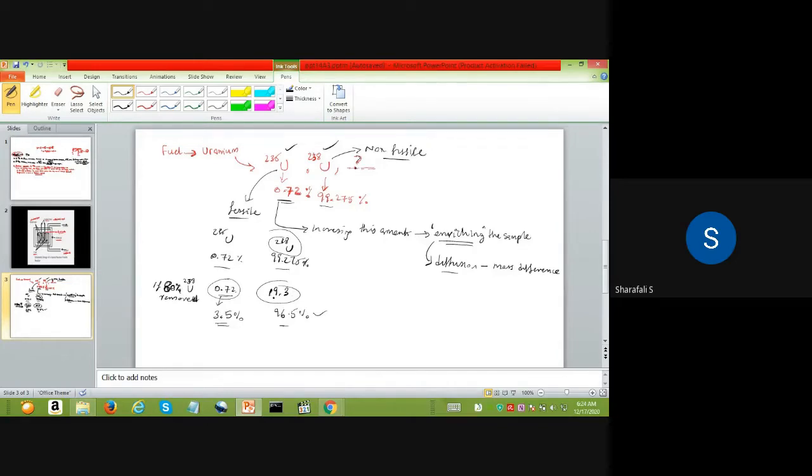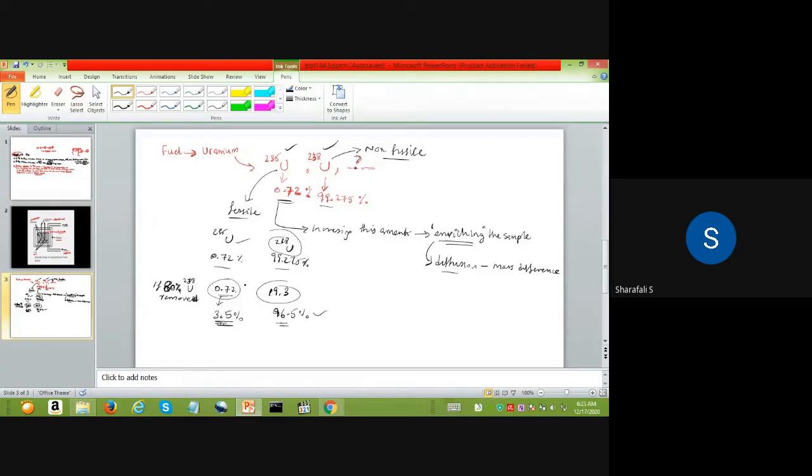And 19.3 divided by 20 comes to around 96.5. So almost like this, which means that even after the enriching process, after removing some percentage of uranium-238 from the sample, you will still get only 3.5% of uranium-235.